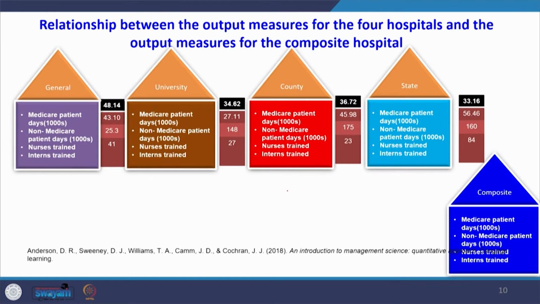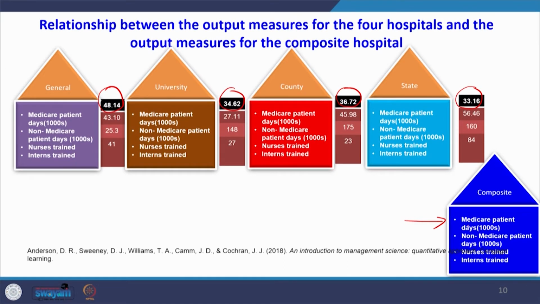Where did we get this? I got it from this one. You see, this is output. There are 4 individual hospitals, so for the composite hospital we brought it here.